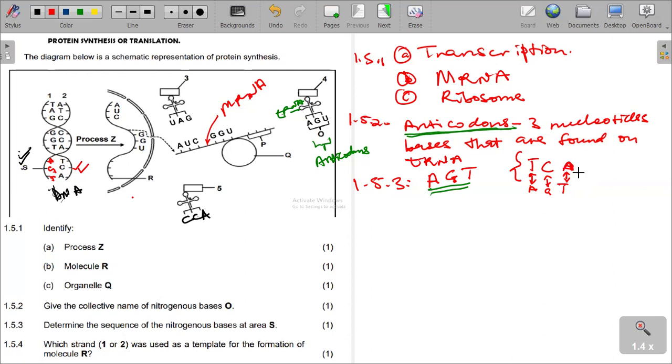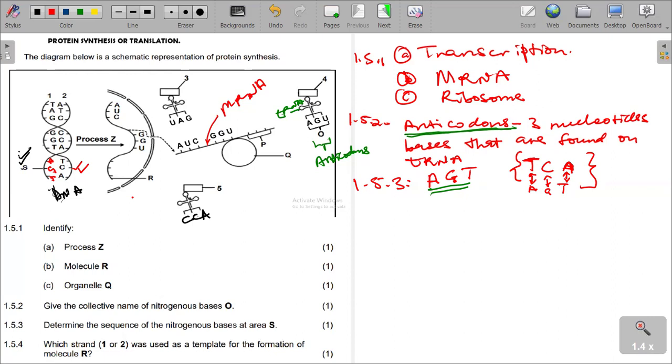So its complementary bases are supposed to be AGT. That is how the answer is calculated: we have got TCA, and that is defining the order of the AGT that we have given there. So AGT is our answer at 1.5.3.